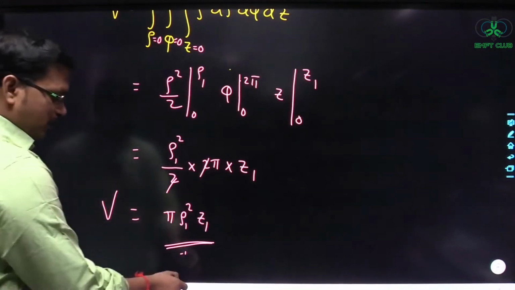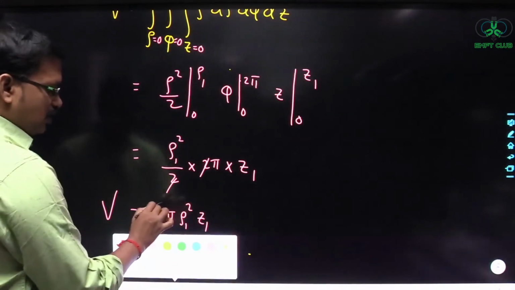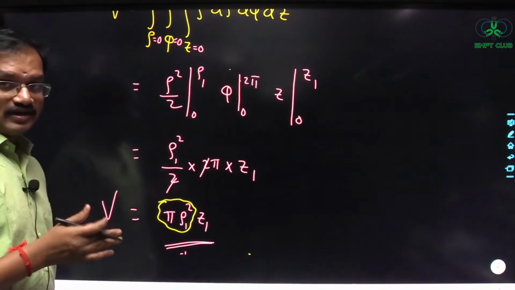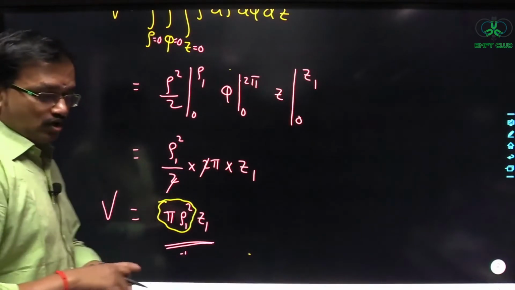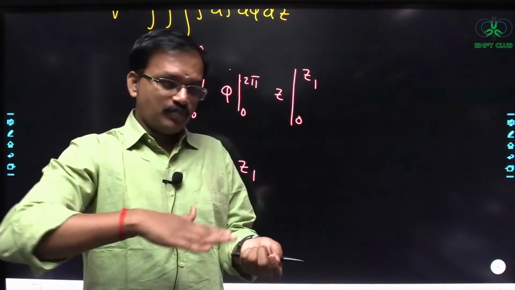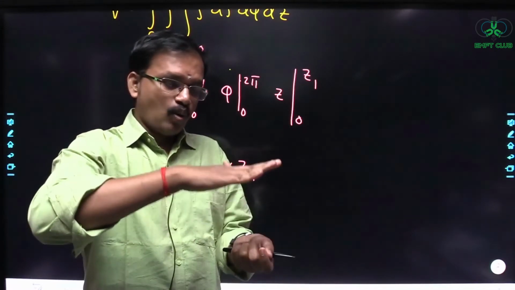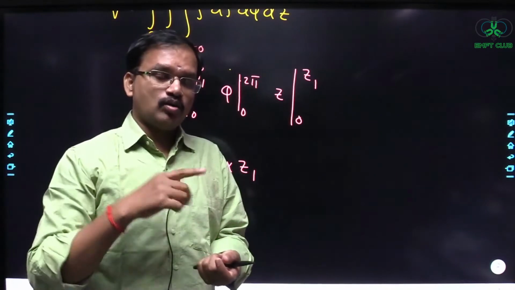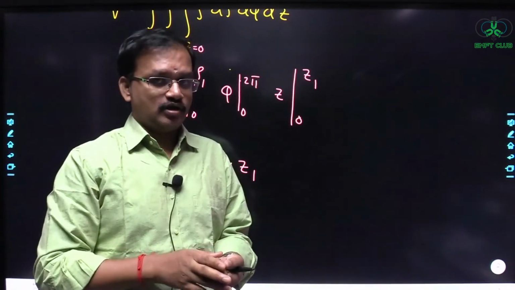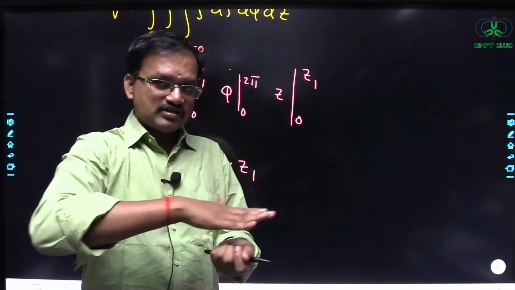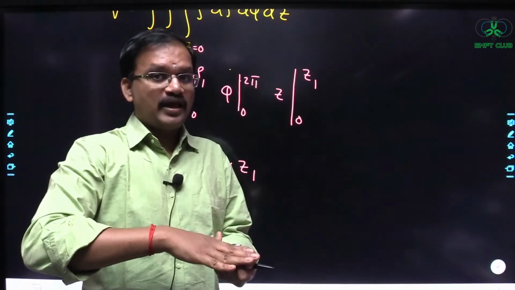So what does pi rho 1 square represent here? Pi rho 1 square represents the surface area of a circle. Understood? If you place circular discs one upon the other up to some height h, you are going to get the volume of the cylinder. The surface area of a circular disc is pi rho square.